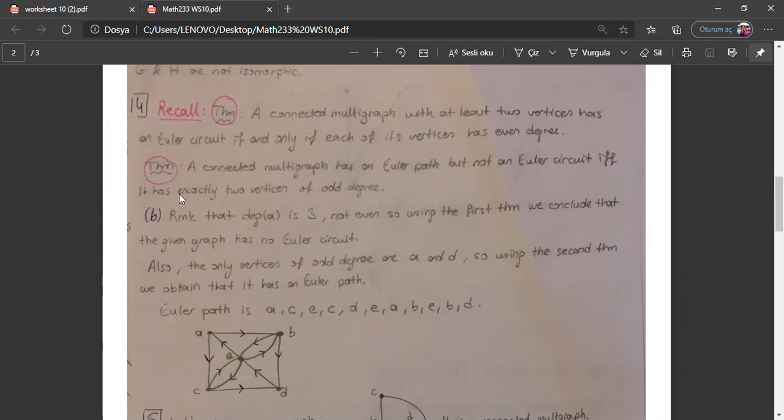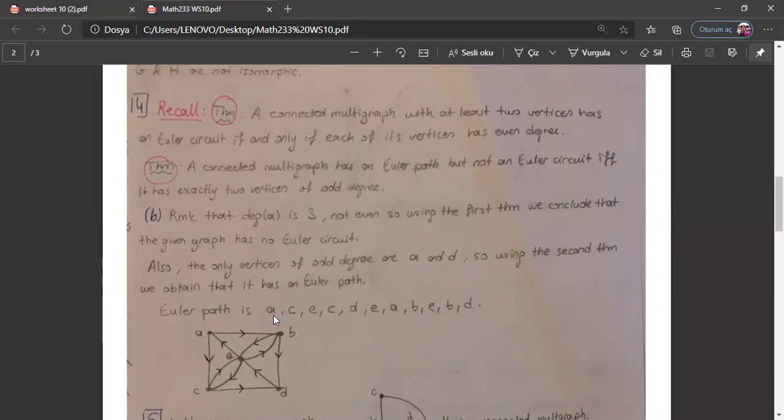It says this happens if and only if this happens. So we knew before that there is no Euler circuit, but there is an Euler path now, right? So what's that Euler path?